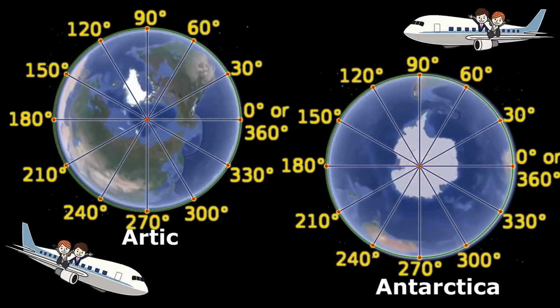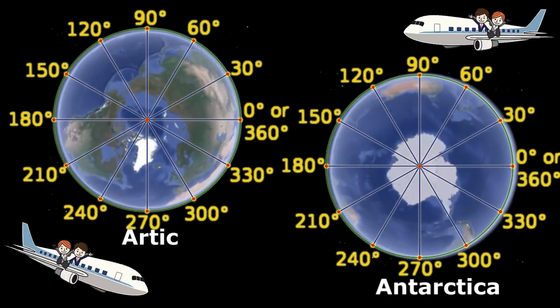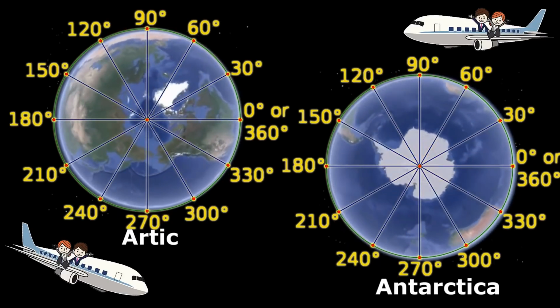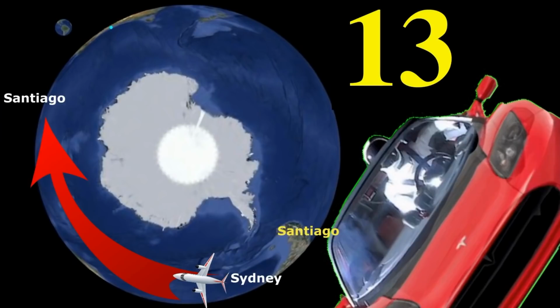That's a view. So imagine that the Earth is spinning and this flight is going from Sydney to Santiago on this rotating Earth. Let's imagine that someone is in space looking back through the rear view on the flight as the airplane is flying from Sydney to Santiago.